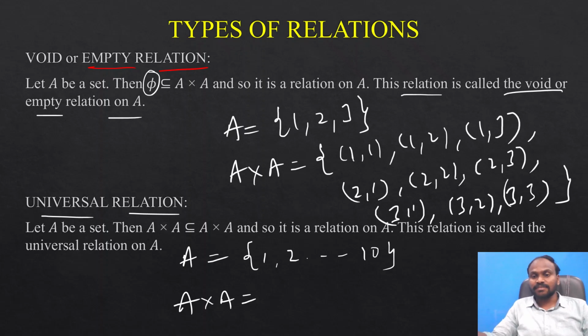This is the maximum that we can get. All other relations are definitely smaller. You may get only one element, because if you take at least one element, that is a relation. No element is also a relation, because we just discussed the empty relation. 2 elements, 3 elements, 4 elements, like that we can take. So the maximum relation that we can get is this, right?